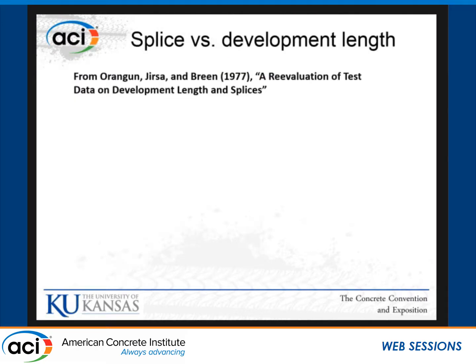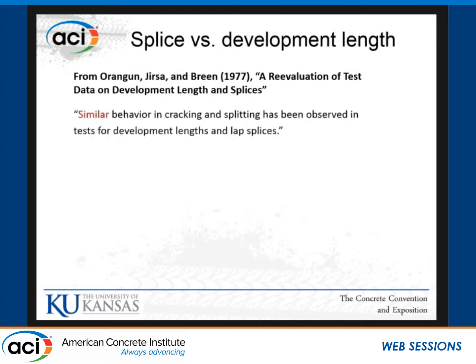So, we are talking development length, so the question is why we are using splice specimens to predict development length. This takes us back to a study from Orangun, Jirsa, and Breen in the 70s, where they stated that a similar behavior in cracking and splitting has been observed in tests for development length and lap splices.